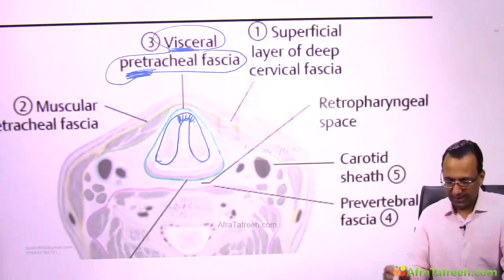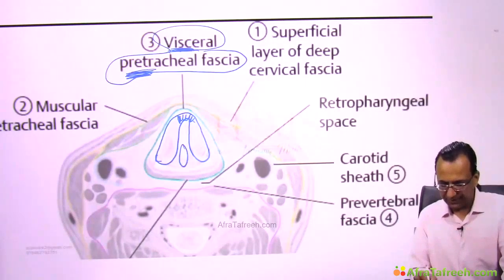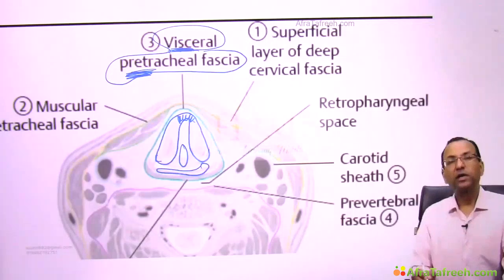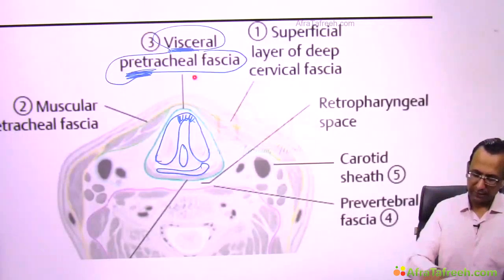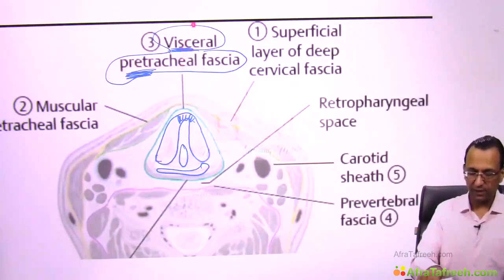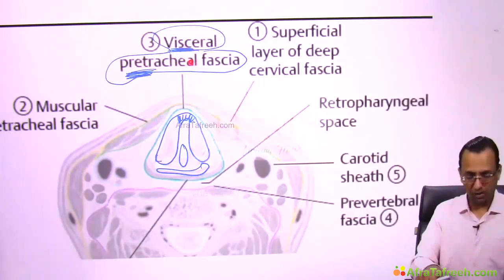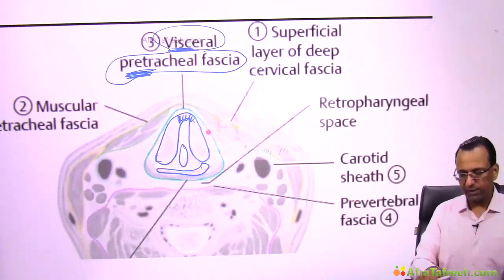Yes. It also encloses what? Trachea and esophagus. You are saying there is a pretracheal fascia which is in front of the trachea, but it is also going around the trachea and esophagus. Yes, and it has several layers like the visceral layer. Why is it called the visceral layer of pretracheal fascia? Because it is covering viscera. What viscera? It is covering the thyroid gland, the lobes of the thyroid gland, isthmus, and the trachea and esophagus.